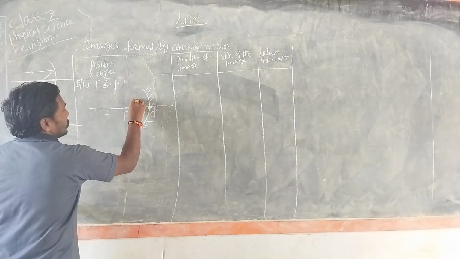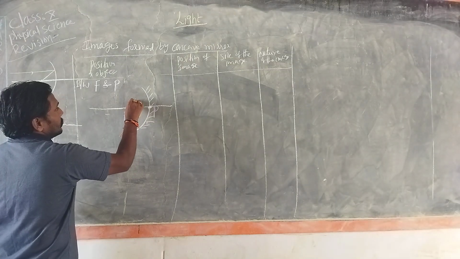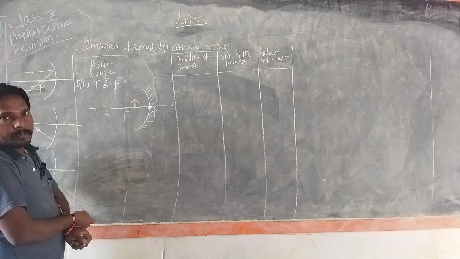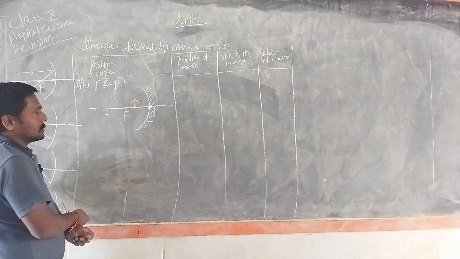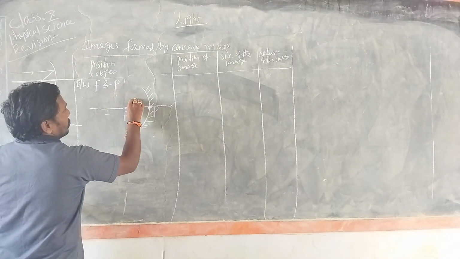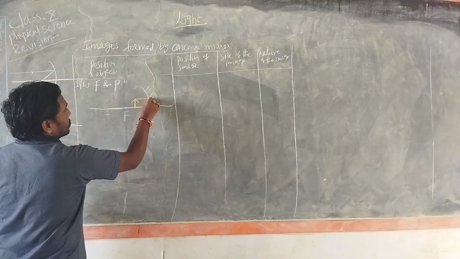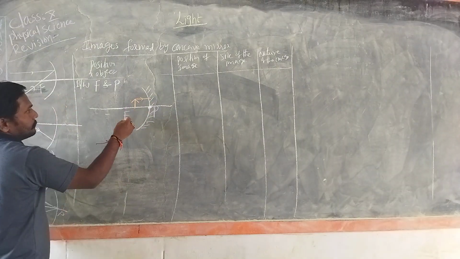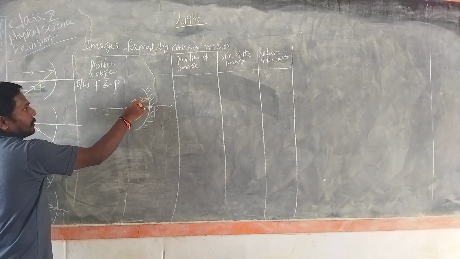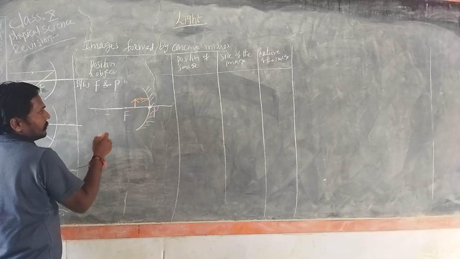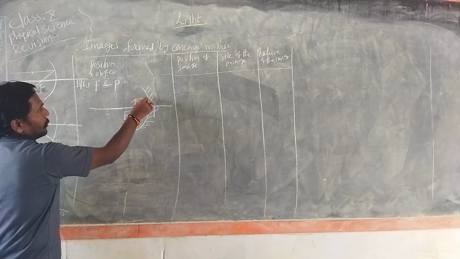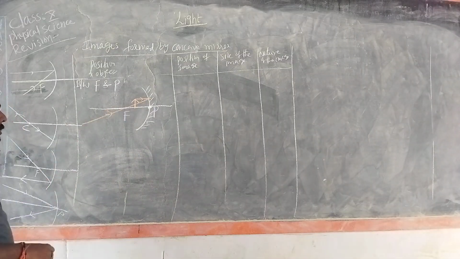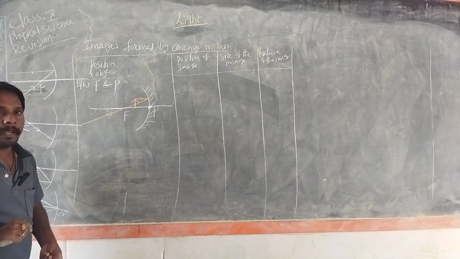If the object is placed in between pole and focus, first ray parallel to the principal axis. After reflection, what will happen? After reflection, it moves through focus. At least we require two light rays.